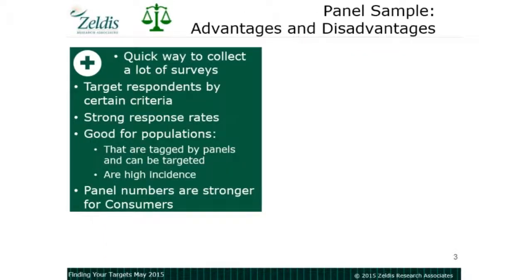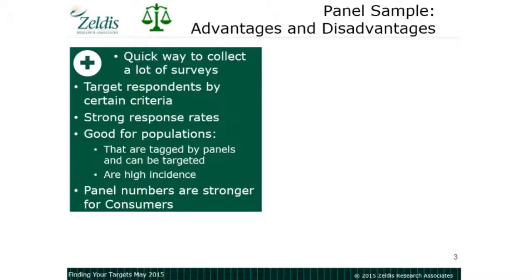So panel sample obviously is a very quick way to collect a lot of surveys. It can be inexpensive if you have a high incidence population or if we're working with a population that's tagged by a panel. Panels can target respondents by all sorts of criteria, demographics information, so if you're looking for a specific age group or individuals of any kind of specific data that is tagged on a panel, that makes them very easy to reach.